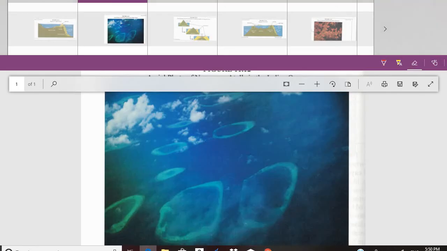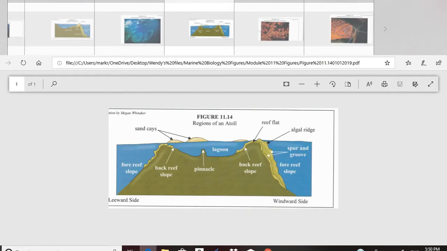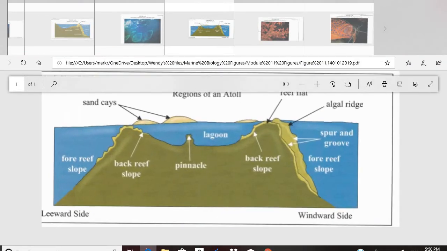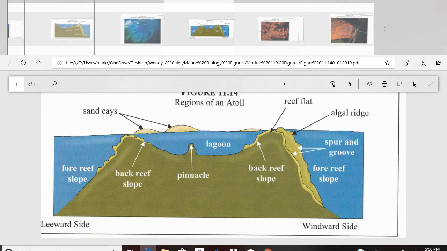Okay, we're not going to go into a lot of detail on this, but this one we will. So here is an atoll.